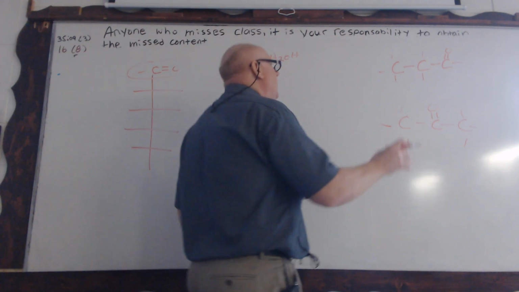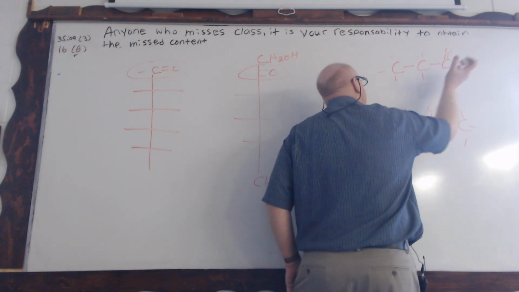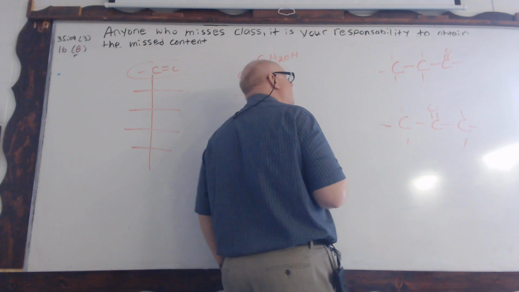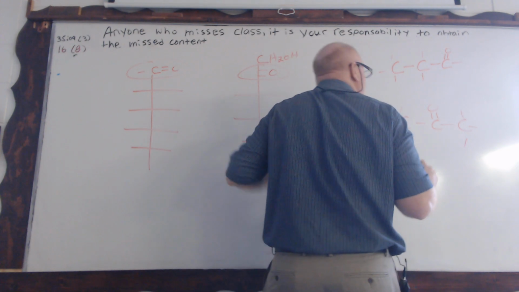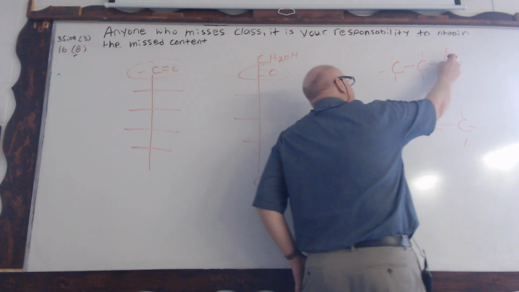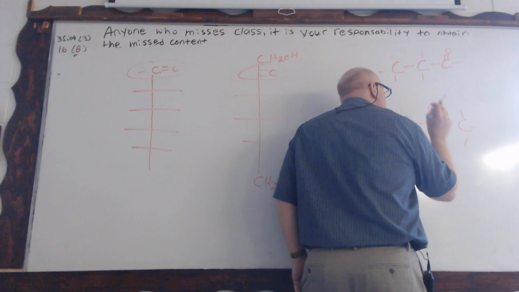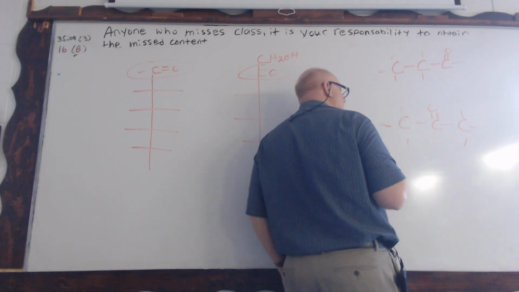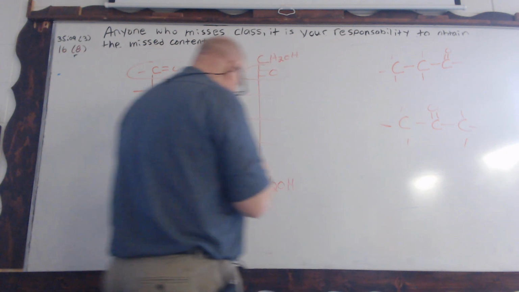What type of compound is this? You don't have to name it, but what organic family is that? It's the same as this one. Where's the double bonded oxygen on which carbon? Where's the double bonded oxygen on this one? That's going to be a big difference between these 2 types of compounds.